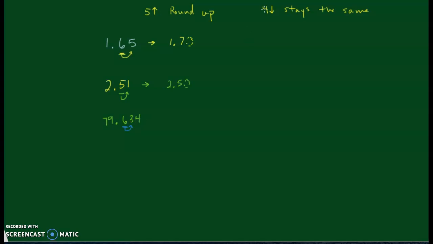The 3 is less than 5, so the tenths place is going to stay the same, which means 79 and 634 thousandths would round to 79 and 6/10, or again we could say 600 thousandths. So 79 and 600 thousandths.